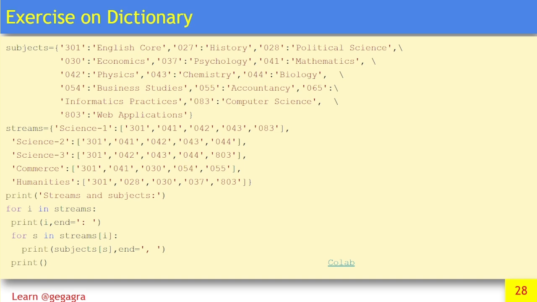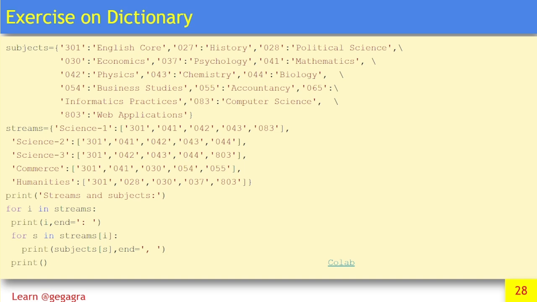Right from here, science 1, the subject list is this. Science 2, subject list is this. Science 3, subject list is this. Commerce, subject list is this. And humanities, subject list is this. So we have two dictionaries: one is the subjects and the other is the streams.